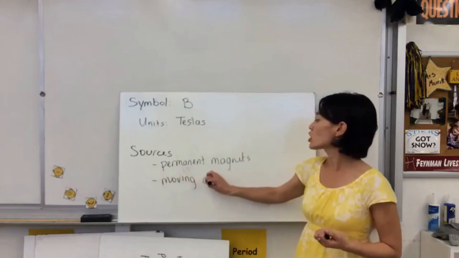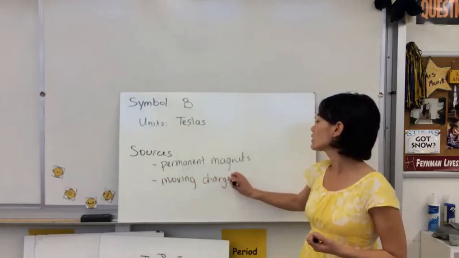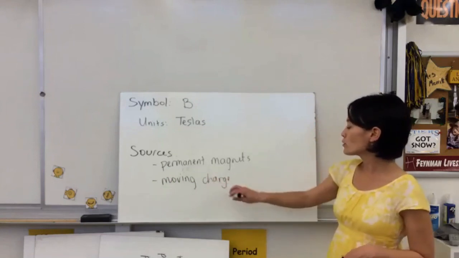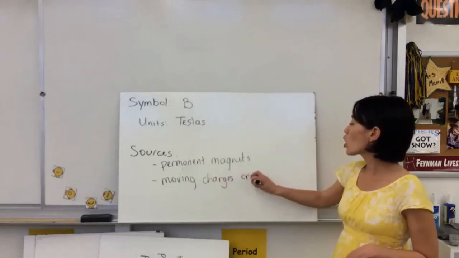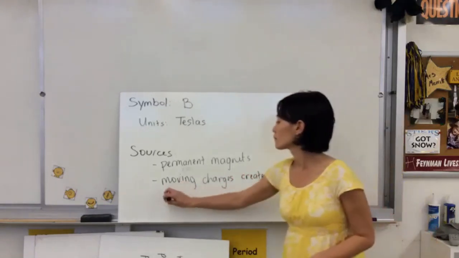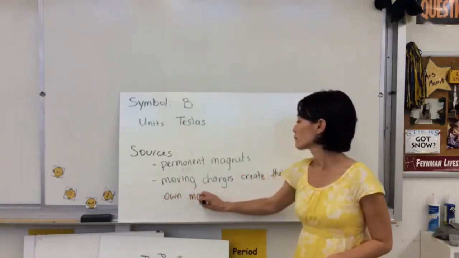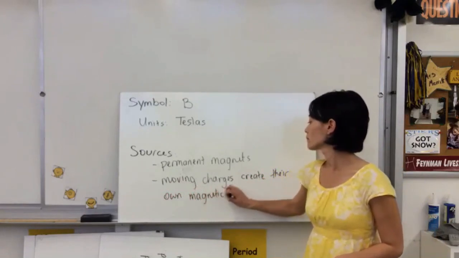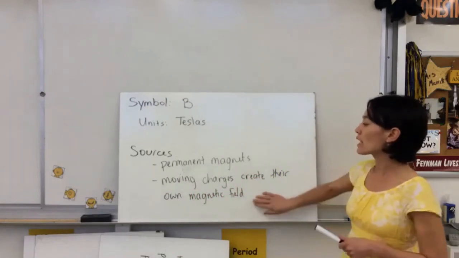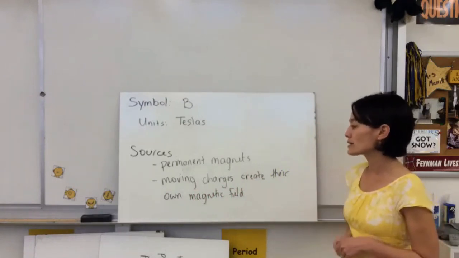Moving charges create magnetic field lines around them, or basically create a North Pole and a South Pole. So moving charges create their own magnetic field. And we'll look at the equations for how that arises.